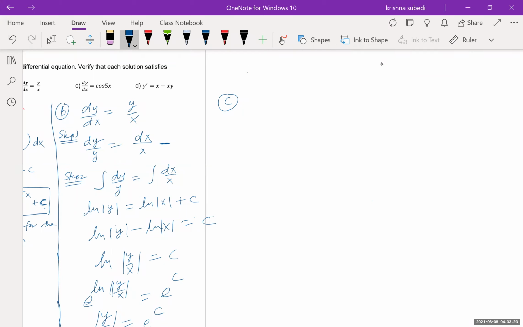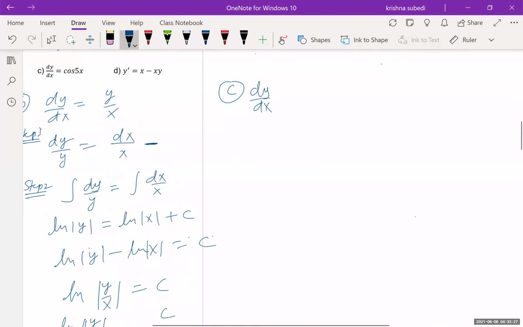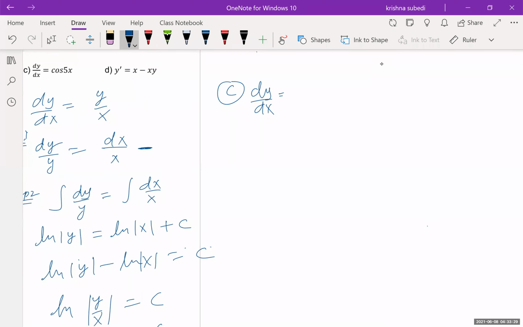So part C, we are given dy over dx equals cosine 5x. The first step is dy equals cosine 5x dx. Now you integrate both sides.